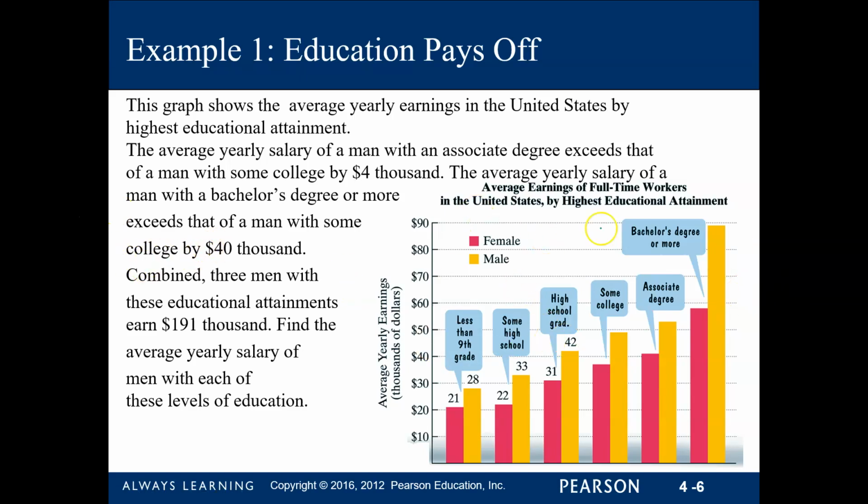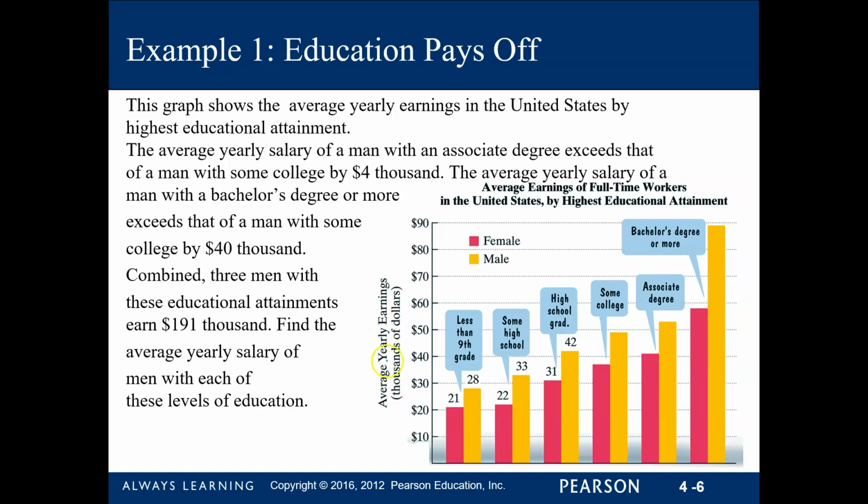So you can see here that we have a graph showing the average earning of full-time workers in the United States that is based on their highest educational attainment. So you would see here, we have two graphs, one for female, one for male. This is the average earning in thousands, okay?